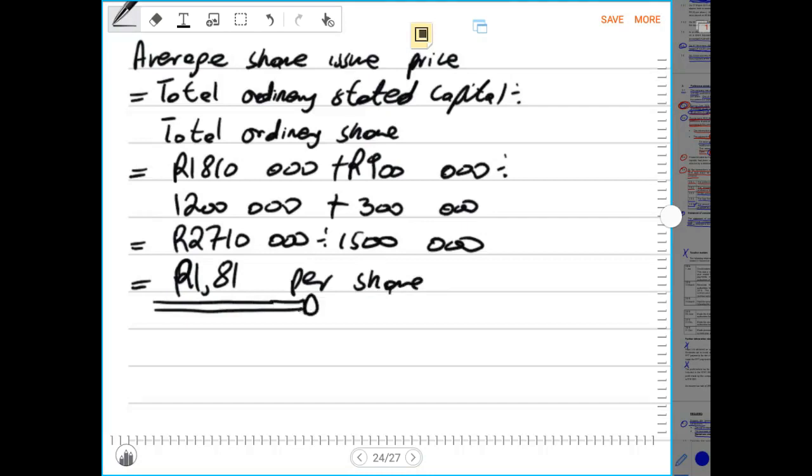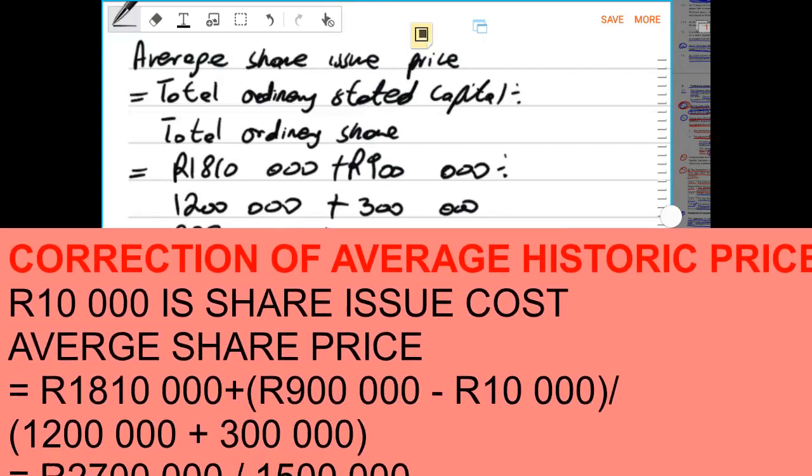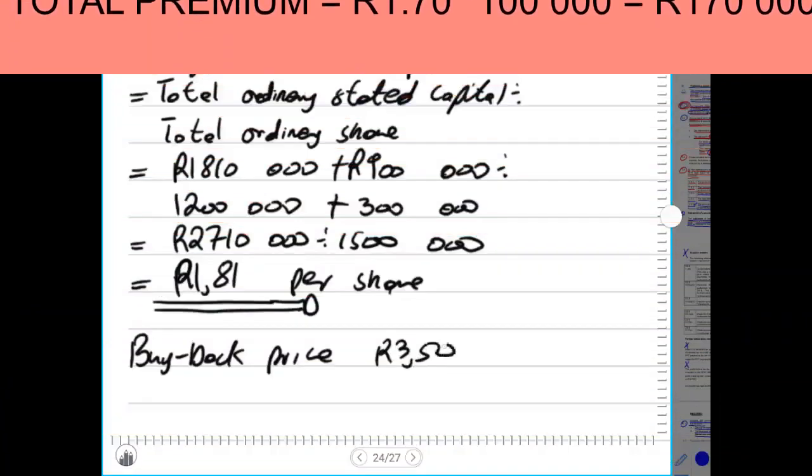So now this was the average issue price, and we have the redemption price or the buyback price. Our buyback price is 3 rand 50 cents.